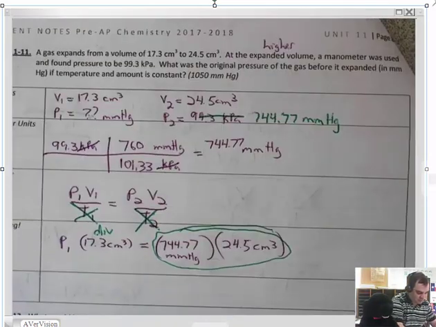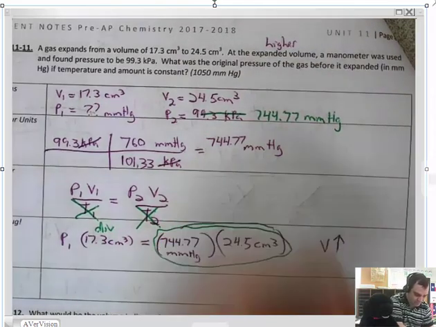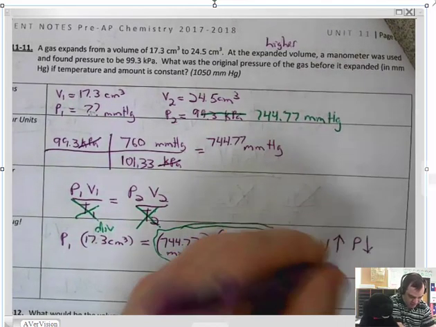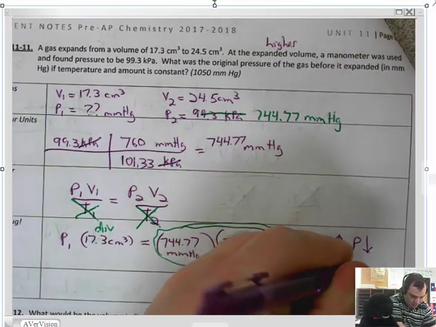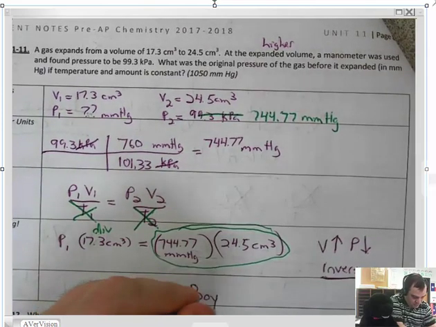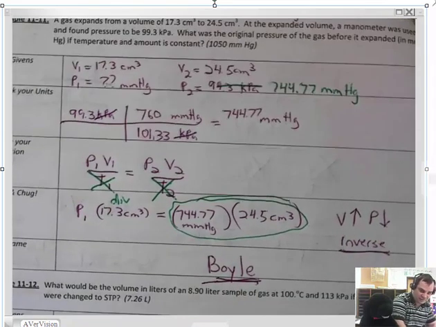Okay, so we see that the volume is going up, so the pressure should go down because this is an inverse law. And you remember who has the only inverse law, right? Robert Boyle, the man that has credit for the hyperbola.